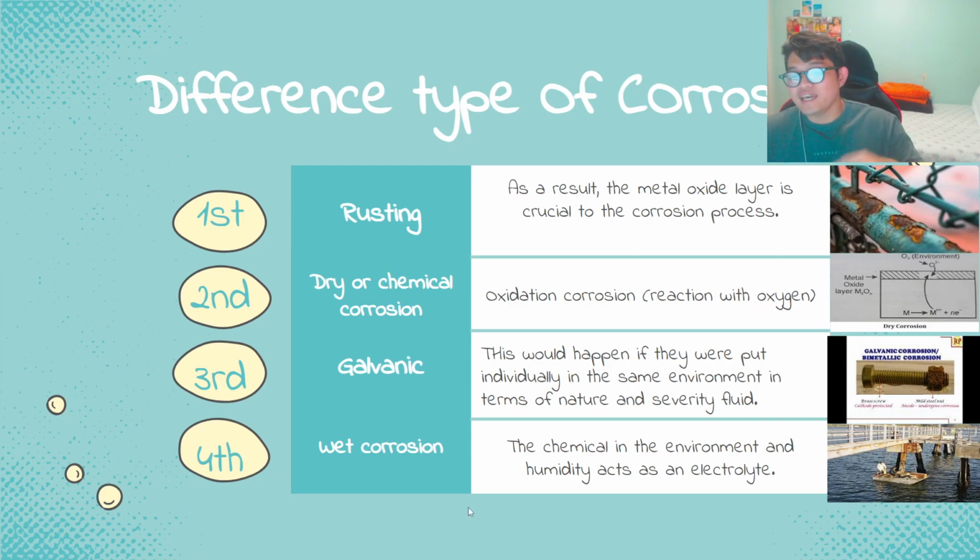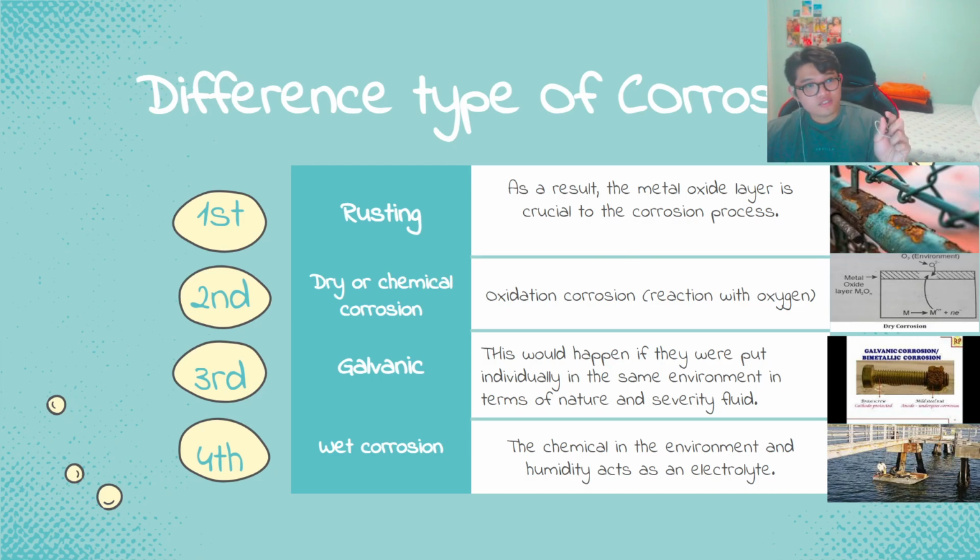You see that? And lastly, there is wet corrosion. The chemicals in the environment act as the electrolytes. You can see the bridge right here. The base of the bridge is getting oxidized because of the formation of galvanic cells on the surface of the metal. Some parts of the metal surface act as the anode and the rest act as the cathode, and the chemicals in the environment act like an electrolyte.